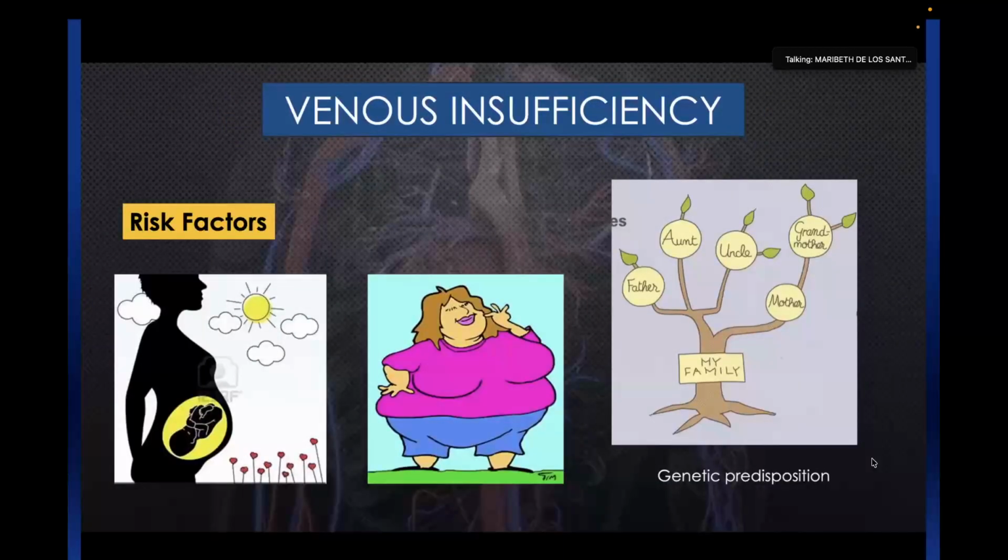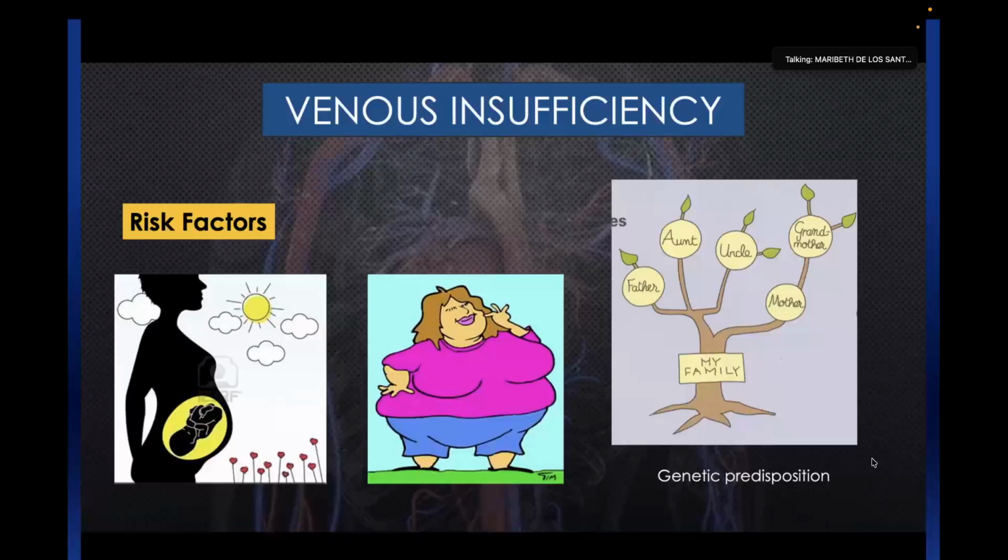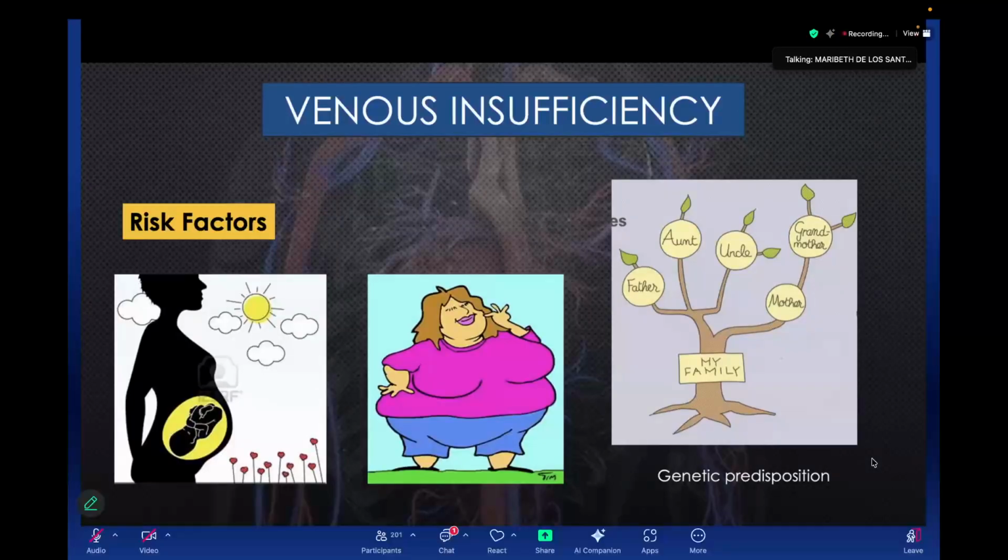So what are the risk factors for venous insufficiency? Some people have a genetic predisposition to CVI, especially when there is an inherent weakness in the walls of the vein.